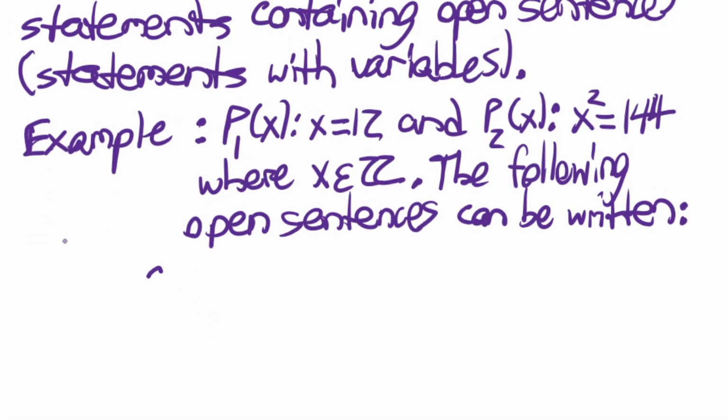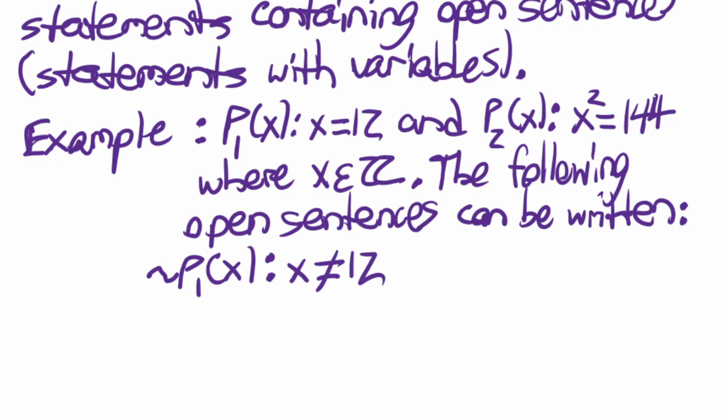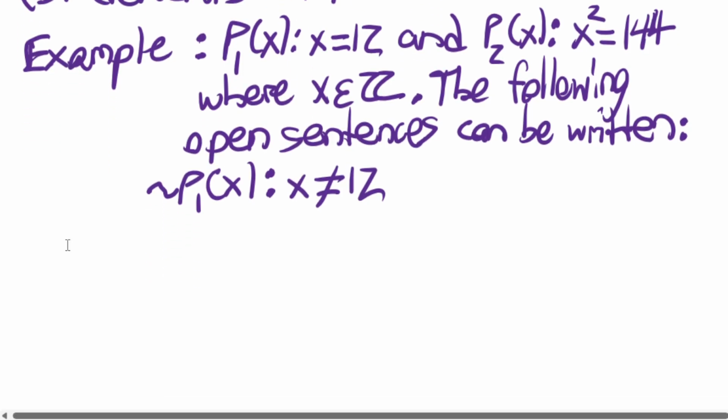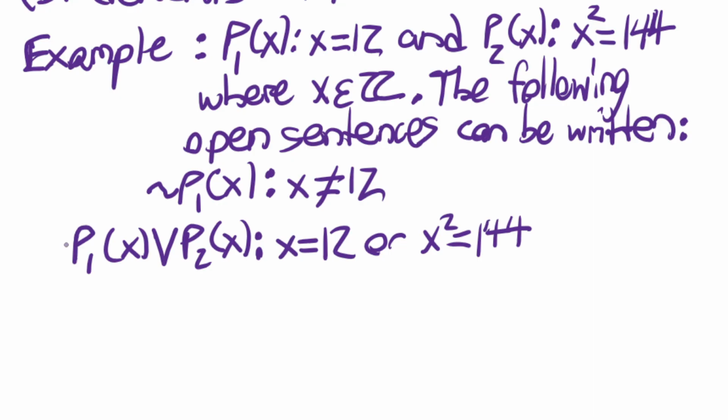So, if we were to say not P1 of x, we could just write it as x is not equal to 12. Or, if we were to do the disjunction of P1 of x and P2 of x, we could say x equals 12, or x squared is 144.